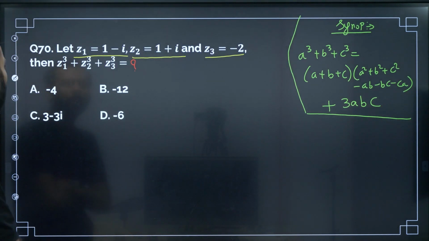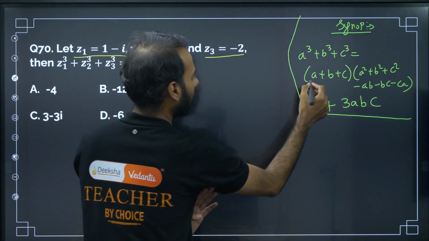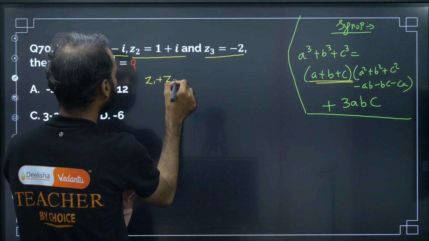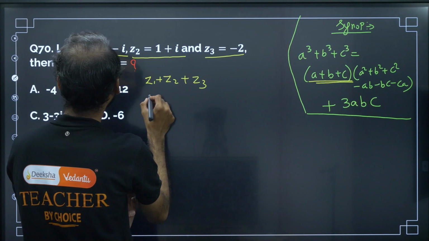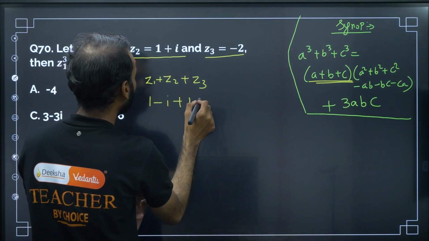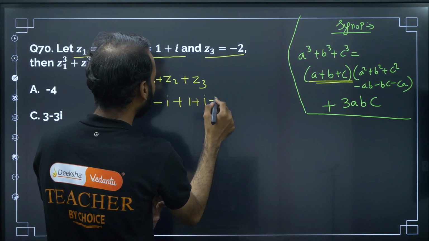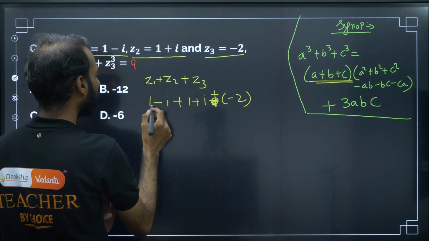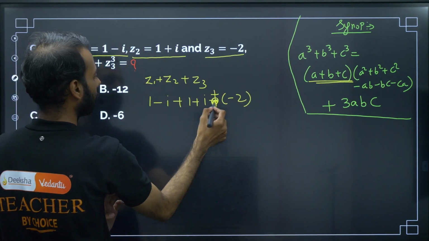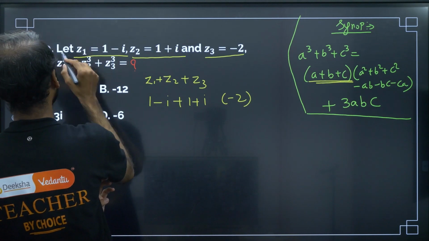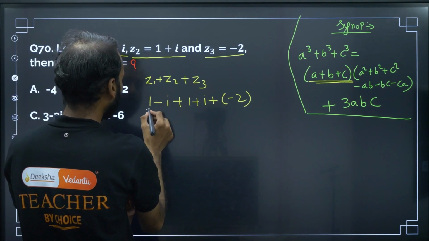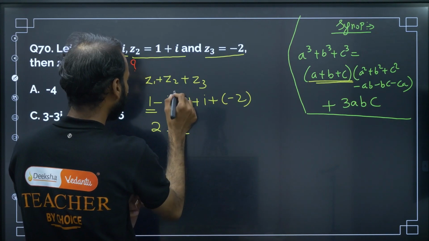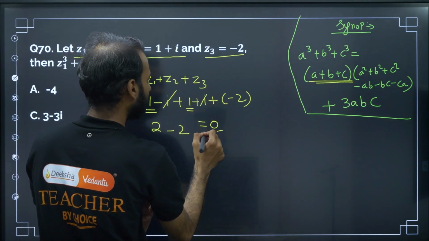So if I go for this one, first I find A plus B plus C, that is Z1 plus Z2 plus Z3: 1 minus i plus 1 plus i plus of minus 2. 1 and 1 is 2, minus 2, negative i positive i, so 0.